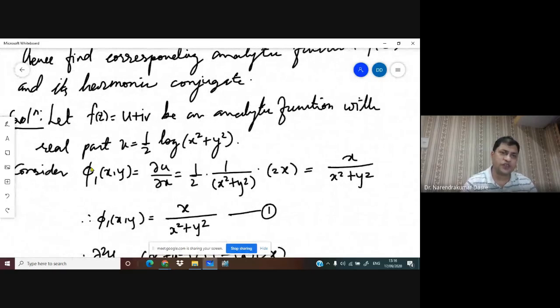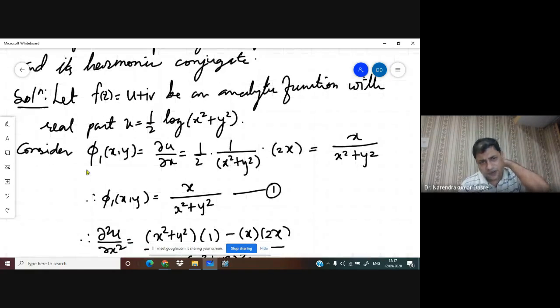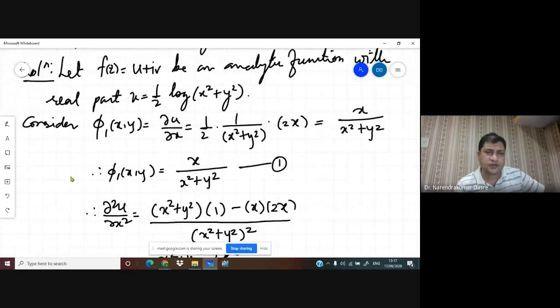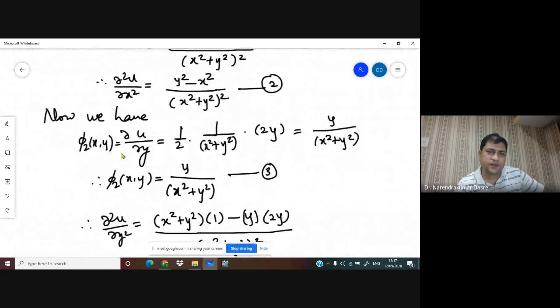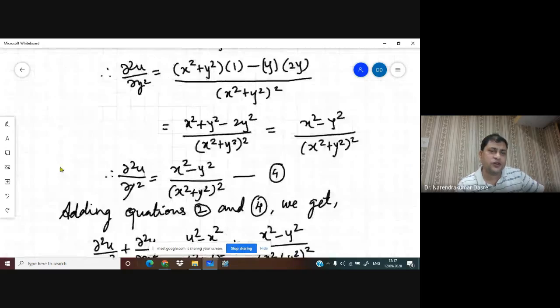To find the analytic function f(z) by the Milne-Thompson method, first we require the function and its real or imaginary part. Then we require the first order derivatives that we have already calculated. Now, having done the second step of the Milne-Thompson method, we follow the third step.